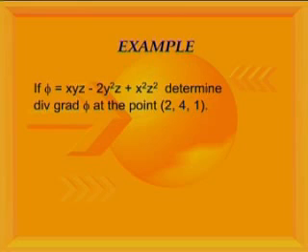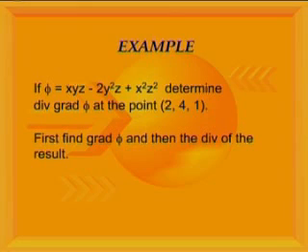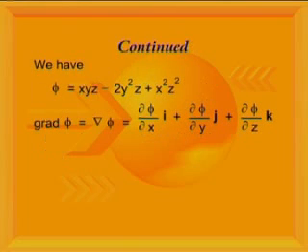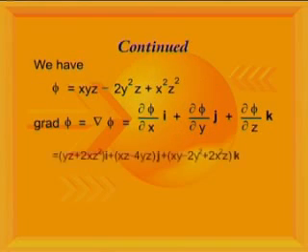So first of all, we are going to find the gradient of that. The partial derivative of the function with respect to x will be the ith component, the partial derivative with respect to y will be the jth component, and the partial derivative with respect to z will be the kth component, where phi is xyz minus 2y square z plus x square z square.